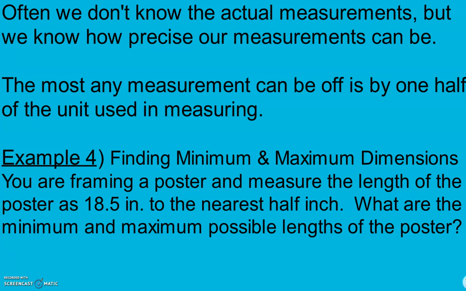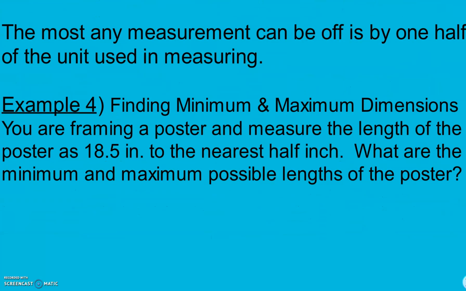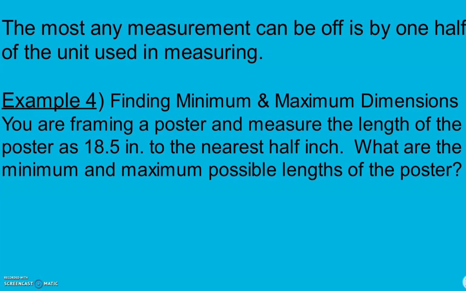So you're framing a poster and measure the length of the poster to be 18.5 inches to the nearest half inch. What are the minimum and maximum possible lengths of the poster? So we start off with 18.5 inches. That's what we rounded it to. And we measured to the nearest half inch.